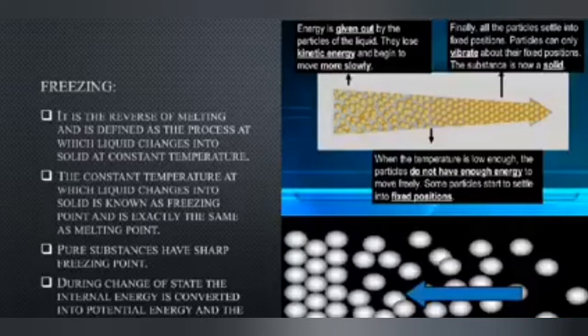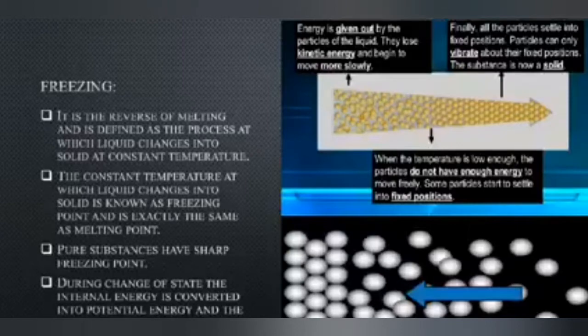So when the heat energy is evolved, when the heat energy is taken out from the particle, there is a decrease in the internal energy of the particle, and hence there is a decrease in the kinetic energy of the particle as well. The kinetic energy is the energy due to motion. So if there is a decrease in the kinetic energy, the particles will start slowing down, and as the kinetic energy is also related to the temperature, when there is a decrease in the kinetic energy, there is a decrease in the temperature as well.